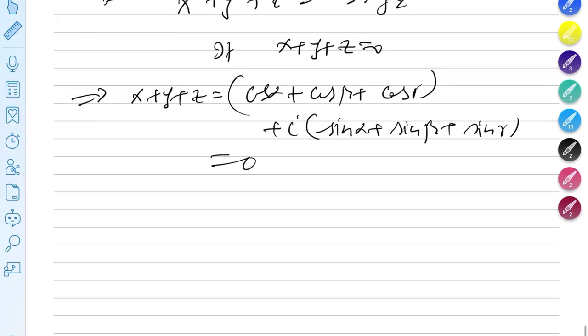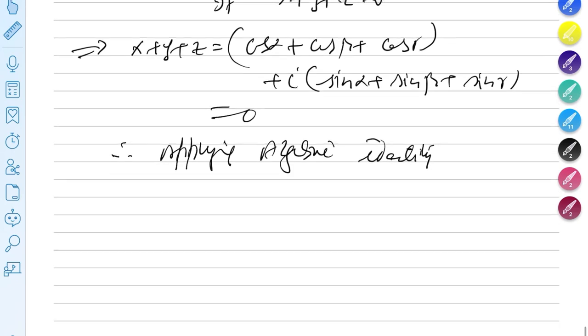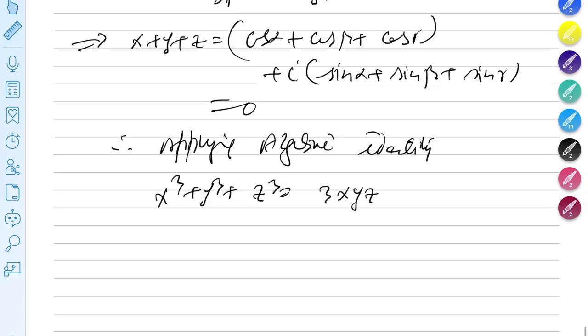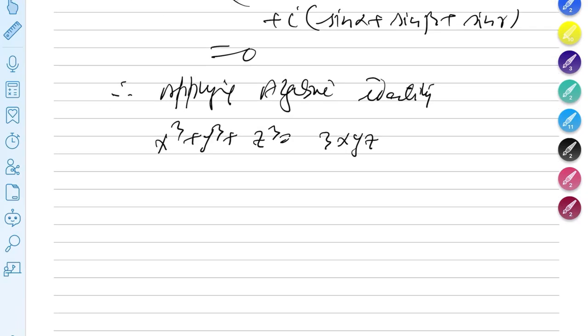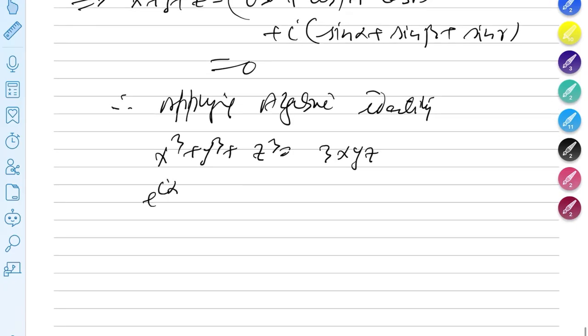So since x plus y plus z is 0, we can apply the algebraic identity: x cube plus y cube plus z cube is equal to 3xyz. Now I will substitute these values, so I will get e to the power I alpha cubed.